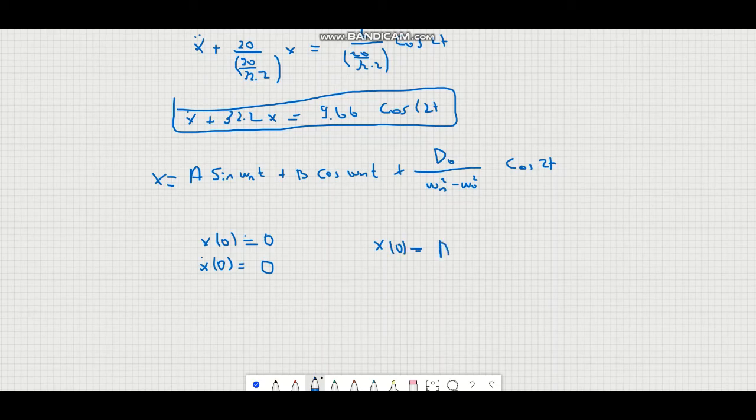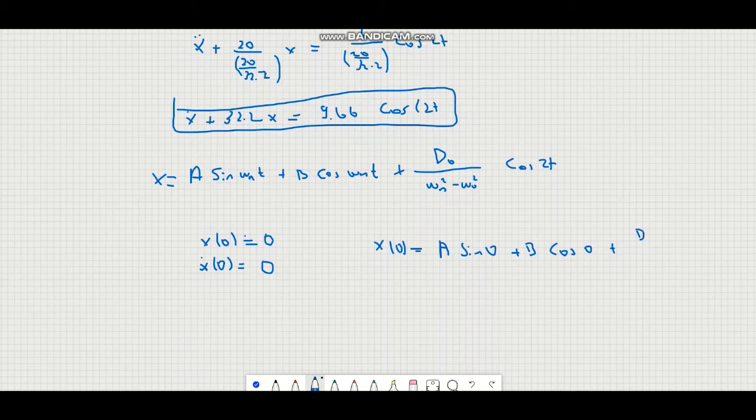So A sine 0 plus B cosine 0, and here is d0.